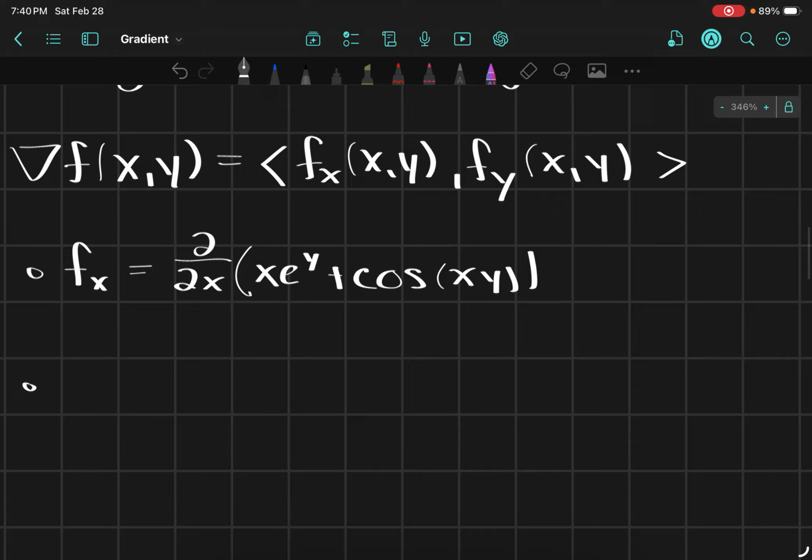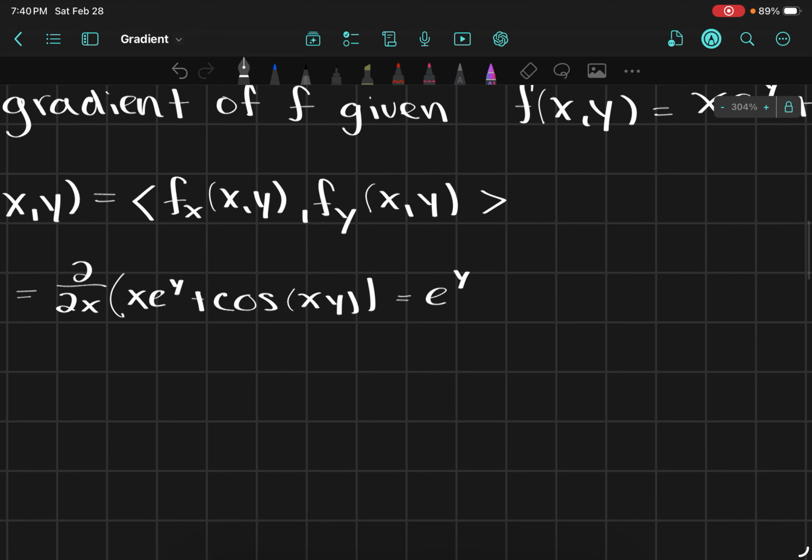What is our partial derivative of x e to the y with respect to x? Treating that e to the y as a constant, we're just getting rid of the x essentially, so it's just going to be e to the y. Our cosine xy, well, we have an x inside, therefore we're going to have to use, I forget the rule, is it chain rule? I believe it's chain rule.